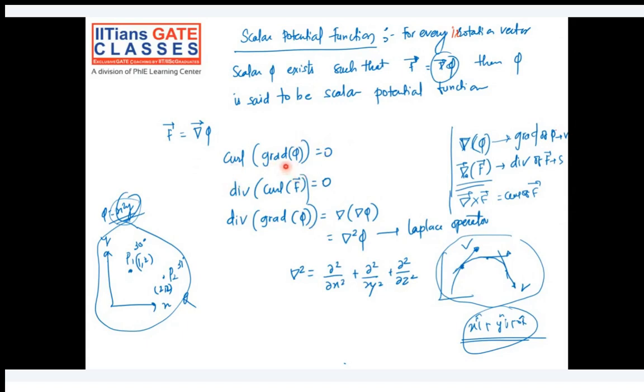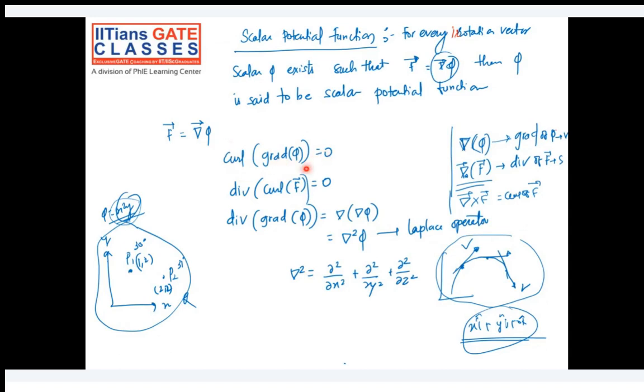The gradient of phi gives us a vector, meaning the direction where we have maximum change, and if you take the curl of it, it's going to be 0, because it's not a rotational field, it's a straight line. So that's why the curl of the gradient of phi is 0, and the divergence of the curl of f bar is also 0.